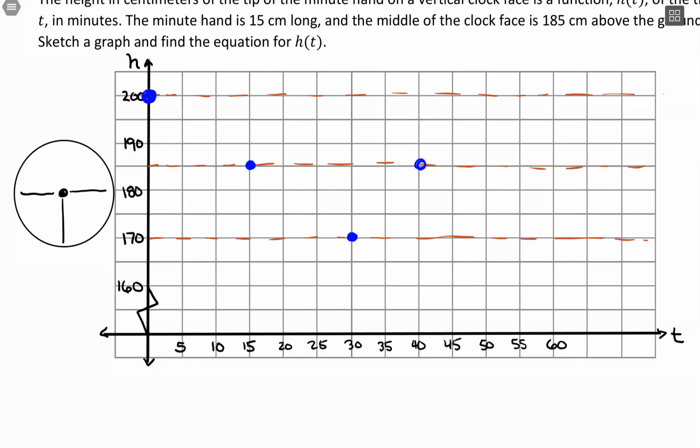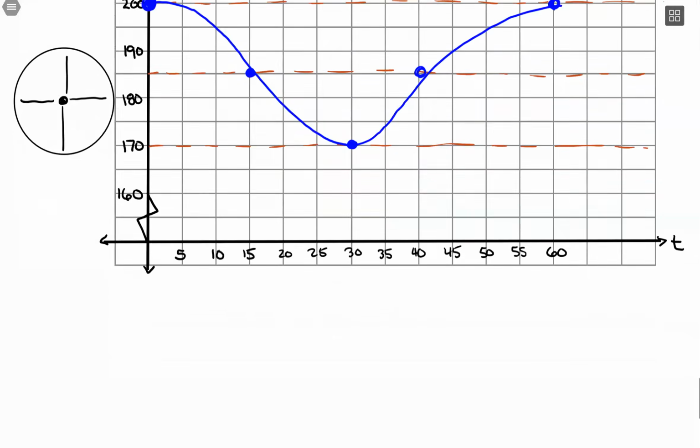And at 60 minutes, we'd be back to the top. And that way we can see this height of the tip of the minute hand across a single hour. And you can imagine it would just repeat again and again on forever. Alright, so there's a sketch of our function, but now let's actually find the function.